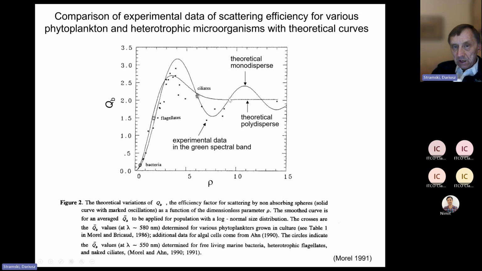So they are very close to this flat portion of the Q sub B versus rho curve. You can see, for example, bacteria have very low scattering efficiency, but some other particles or species have scattering efficiency much larger than 1, even close to 3. So this is consistent with what theory would generally predict.